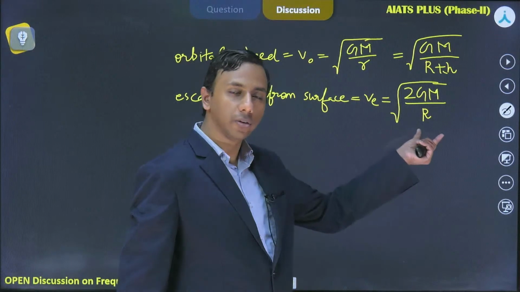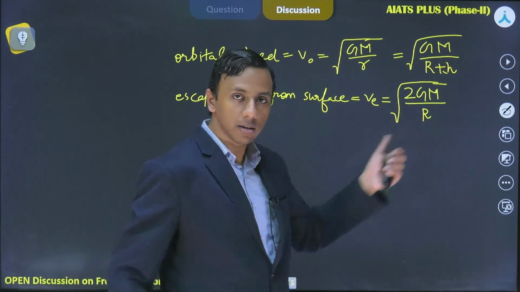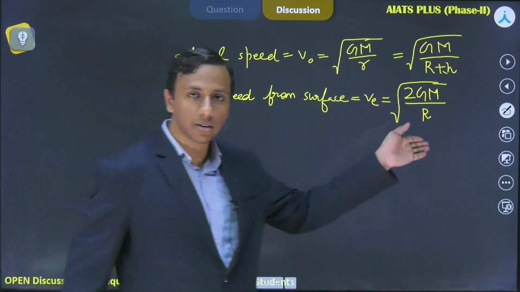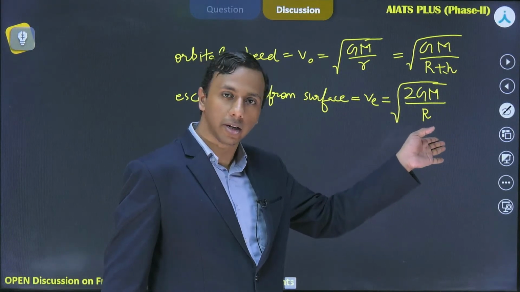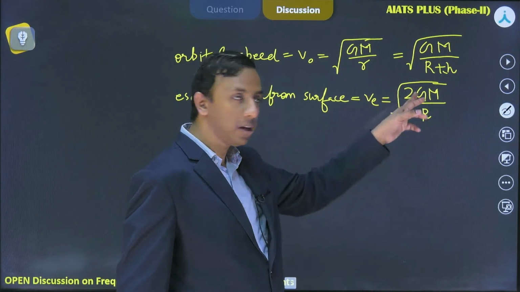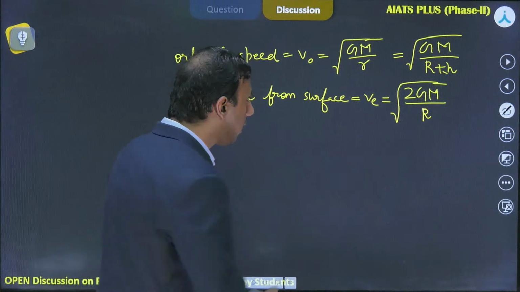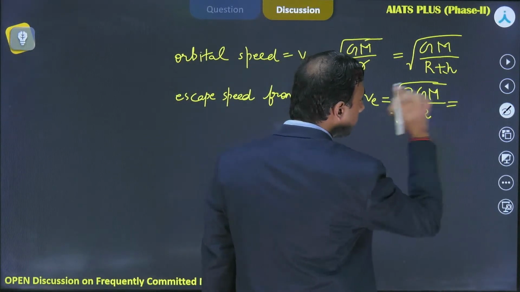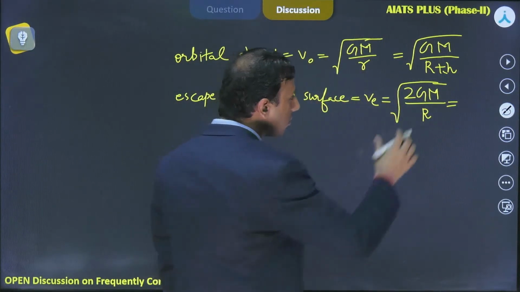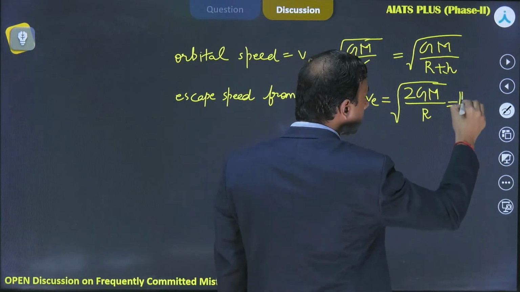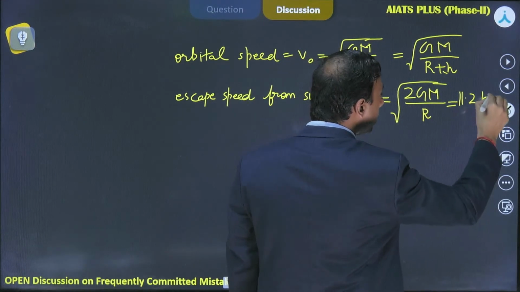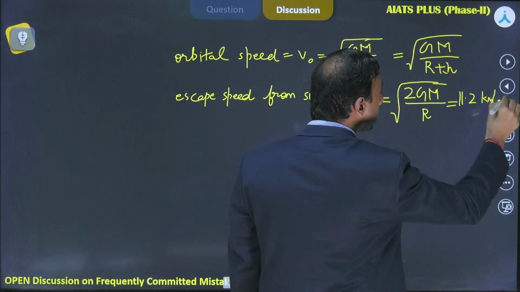And this has a constant value. Why? Because G, M and R are constant. Radius of Earth we already know, 6,400 kilometers. So substitute the values, and in the end you will be left with the magnitude of V_E, which is 11.2 kilometer per second.